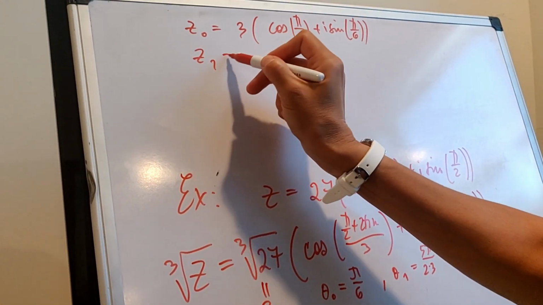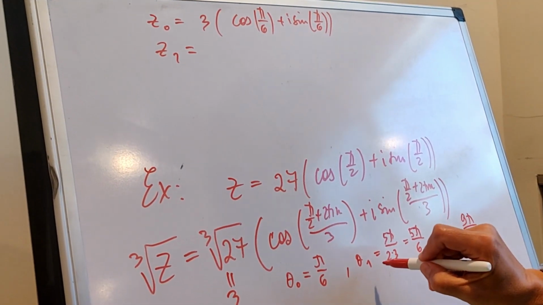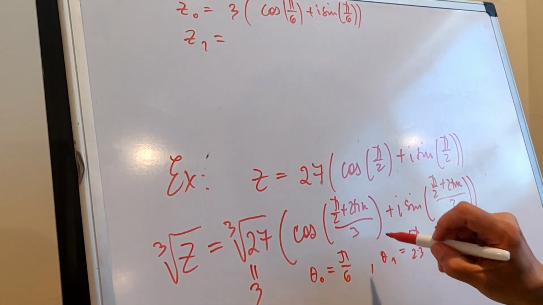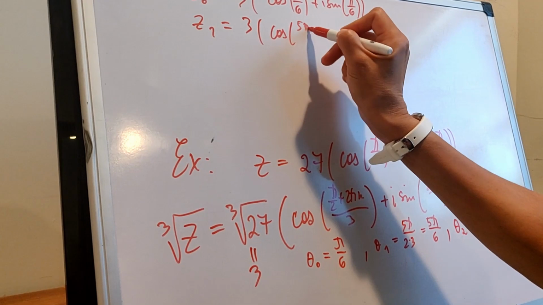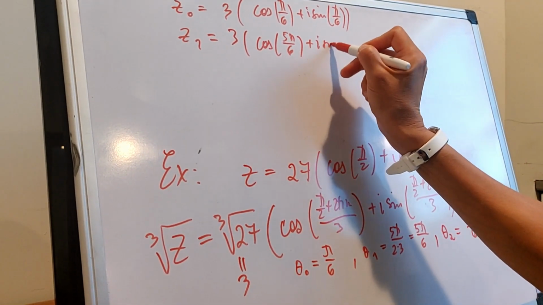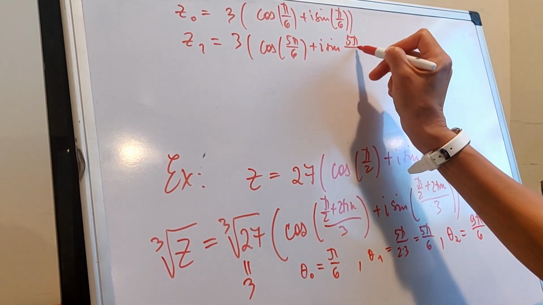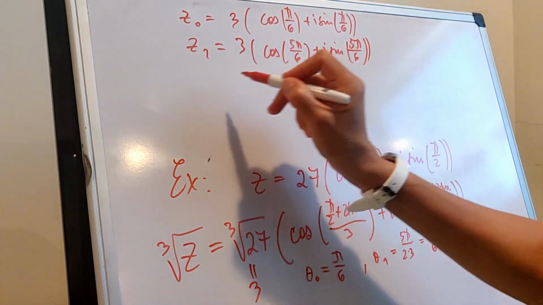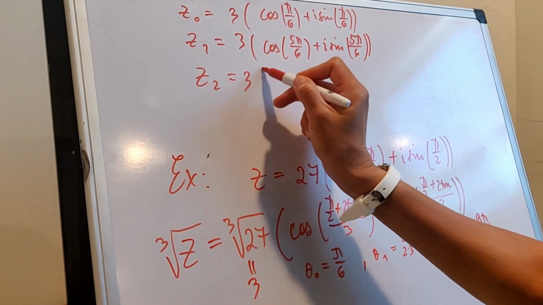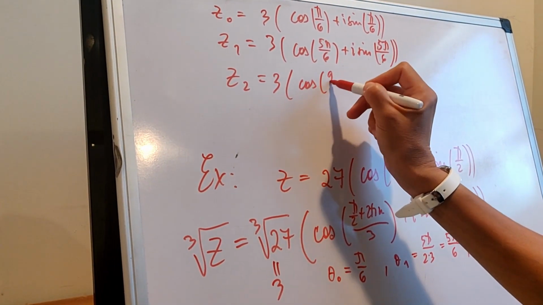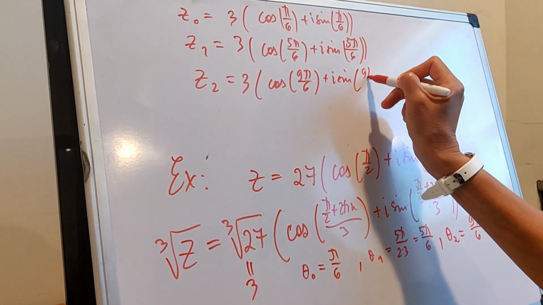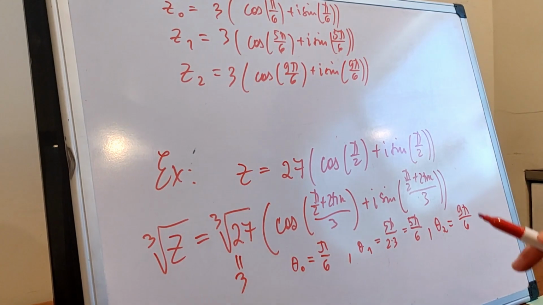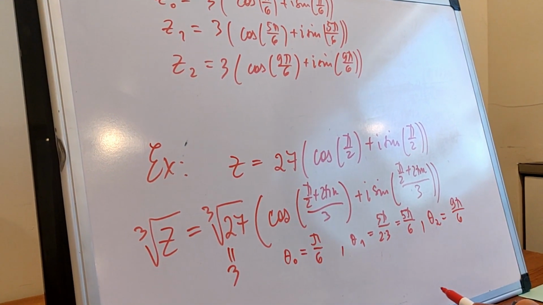My second number, I'm calling it z1 just because it's n equals 1: 3 cosine of 5 pi over 6 plus i sine of 5 pi over 6. And my last one is z2: 3 cosine of 9 pi over 6 plus i sine of 9 pi over 6. So there are 3 complex numbers.